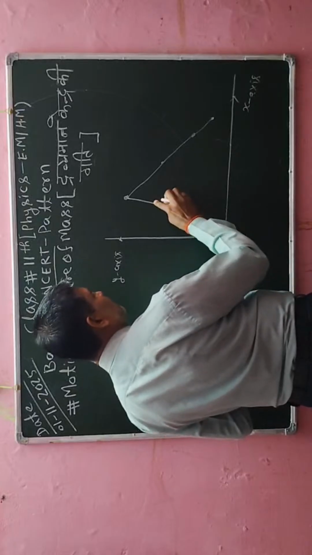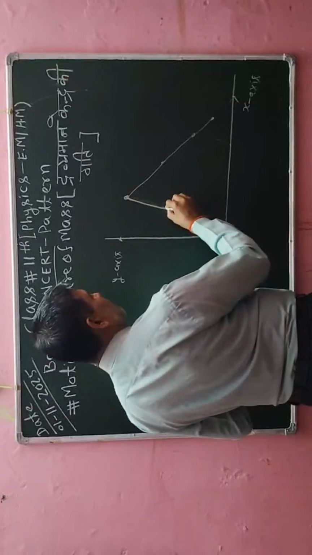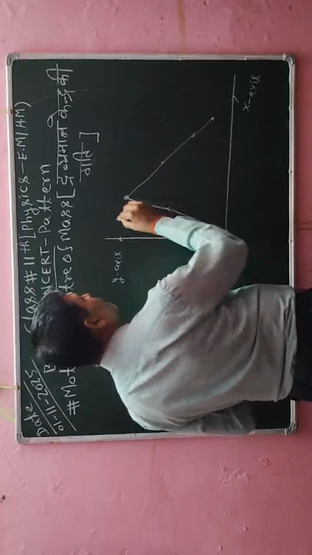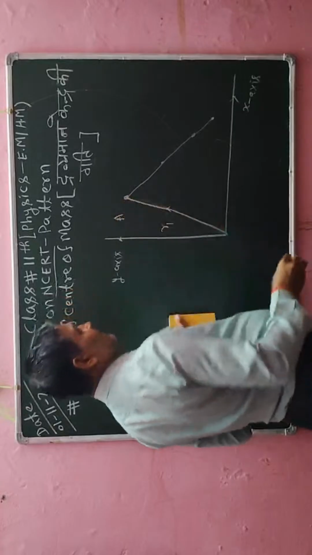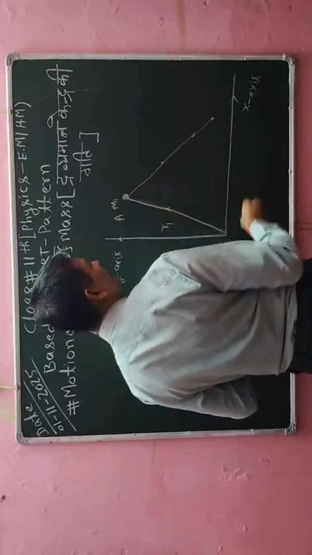So here I have written this is the position vector, the vector r, and the point I have written here is A. Now I will say this is the object which has mass m1.